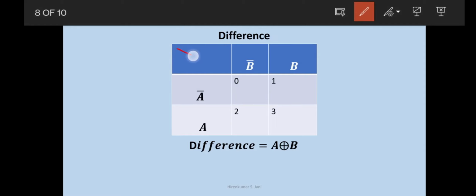We can simply write over here input A and input B. From this K-map, we can construct an equation.